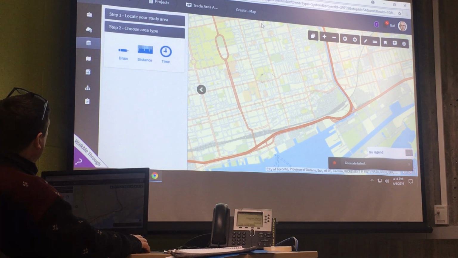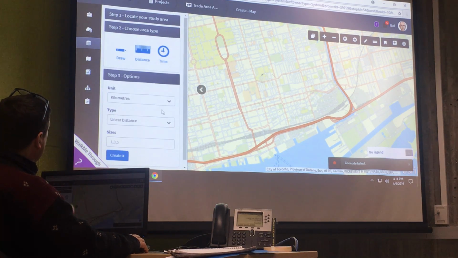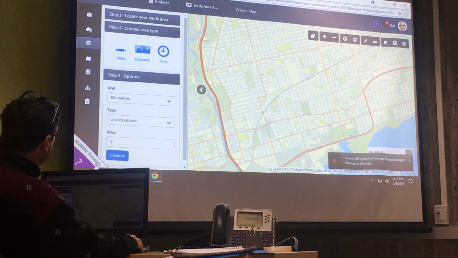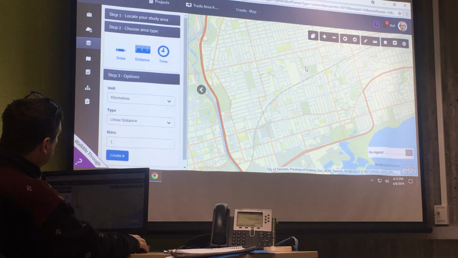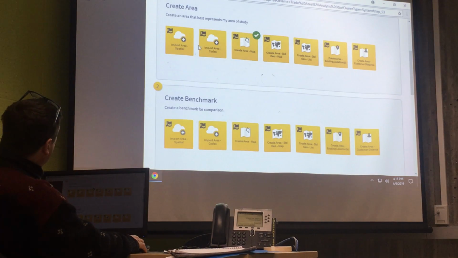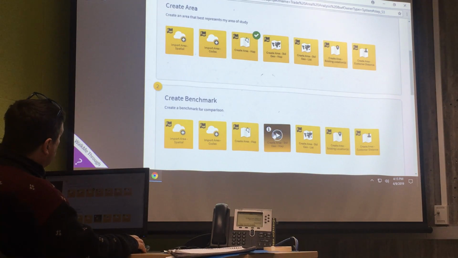Choose area type. So we want to do a linear distance of 1 kilometer. That's probably a lot of people. They're going to ask me for the locations.